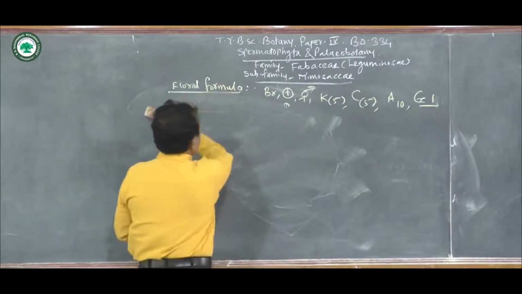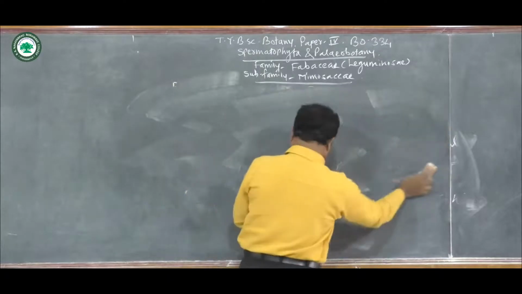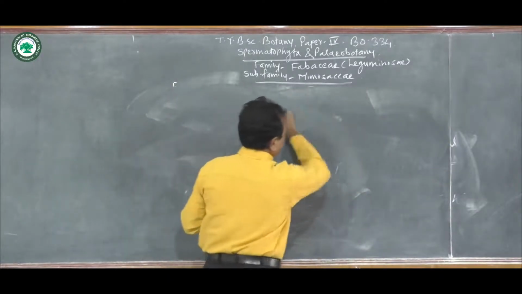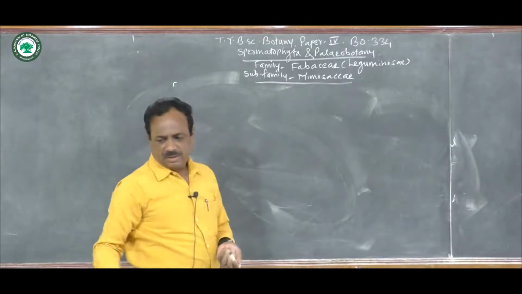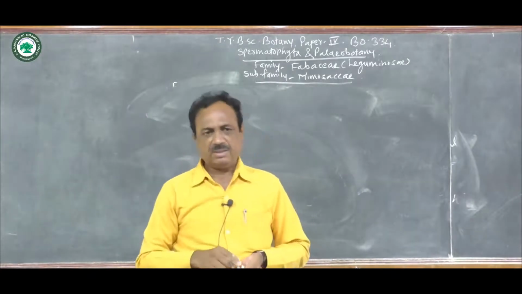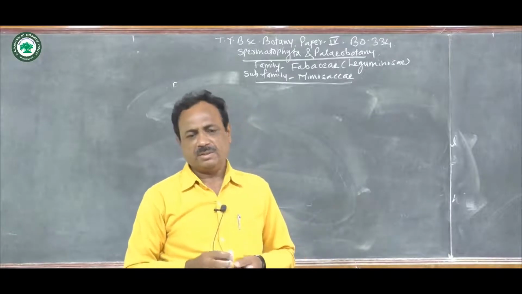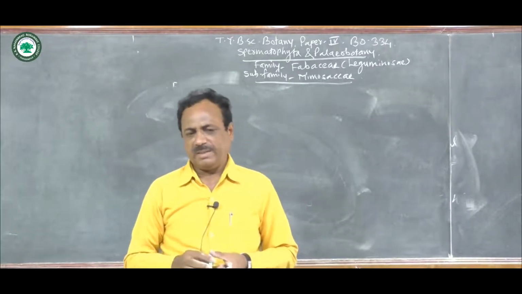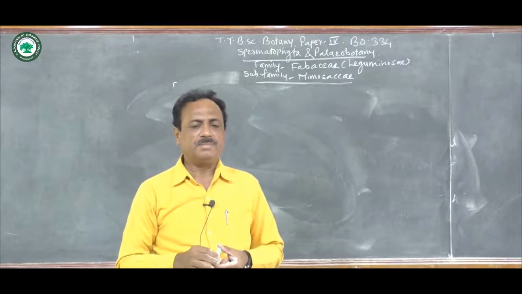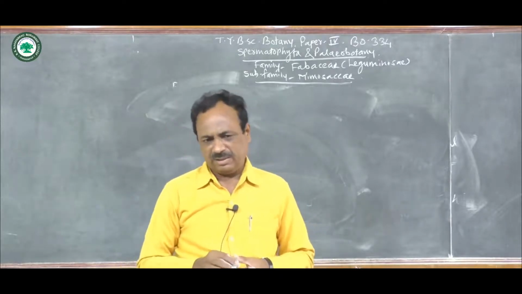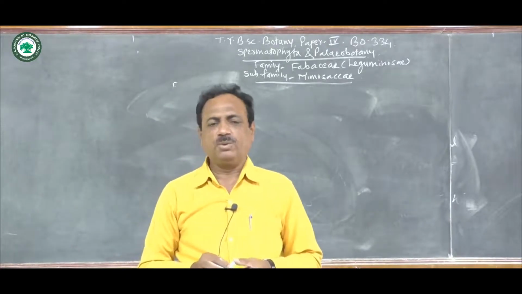So if we see the distinguishing characters of the family, the plants are mostly shrubs and trees. Leaves are stipulate and pinnately compound. Stipules are modified into spines.